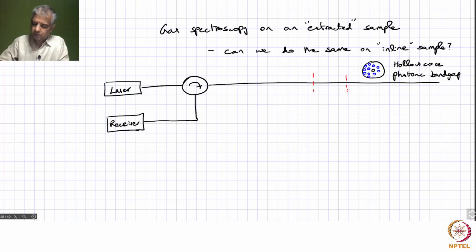Because of that, it helps to confine light in the center part, which could potentially be a hollow core itself. And so you could have some way of letting the gas come in. So you have gas percolating inside the core of the fiber, and then if you send the appropriate radiation, you could actually see absorption.